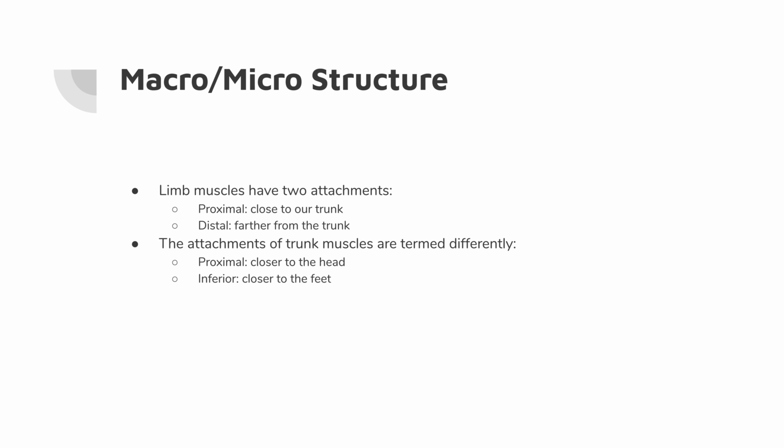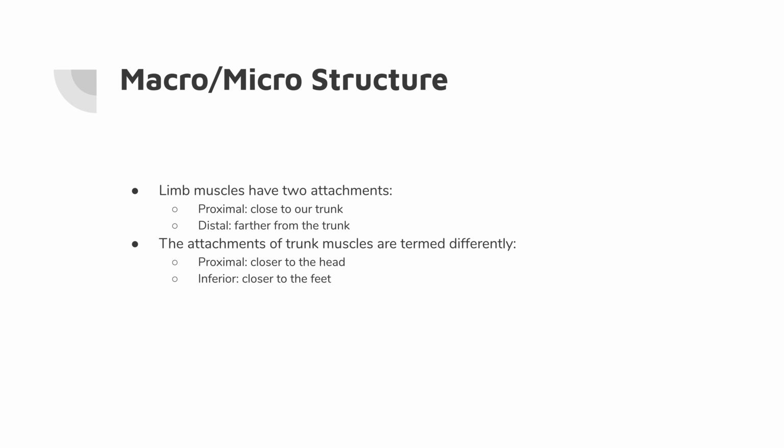So if we're talking about a bicep, for example, bicep muscle starts somewhere around the shoulder joint, okay? So it would originate there. We would call that the proximal attachment of the muscle. And then it attaches somewhere past the elbow on the forearm. So we would call that, since it's furthest from the center of our body or furthest from the trunk, the distal portion of the bicep muscle.